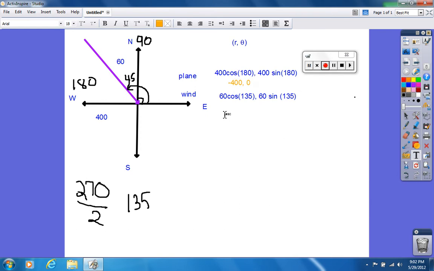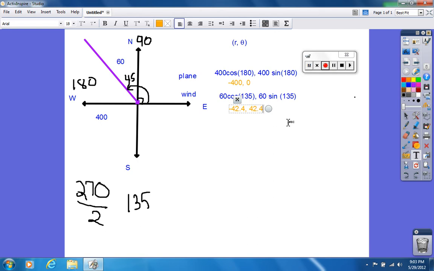We'll just double check that in the calculator. Now I'm going to do 60 the cosine of 135, and I get negative 42.4. And then I'm going to do 60 the sine of 135. I'm going to type that in my calculator and I get 42.4.